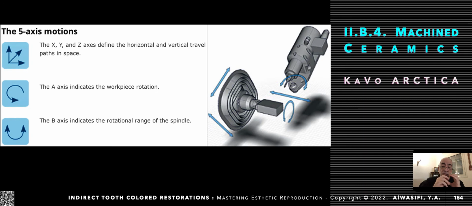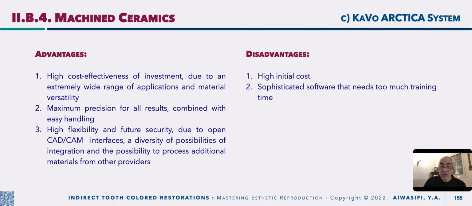At the same time the block itself inside this holder could rotate, and this is the 4th axis, while the engine spindle, which contains a cutting tool, can move in different axes, right and left, and then the total is 5 axes.